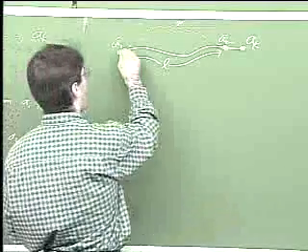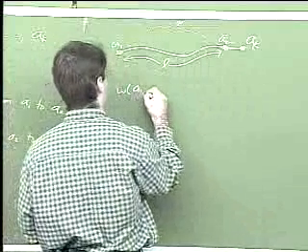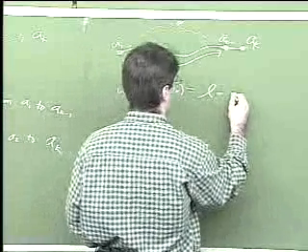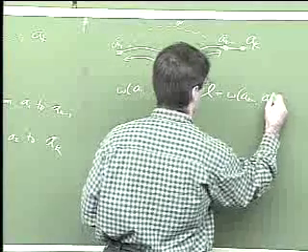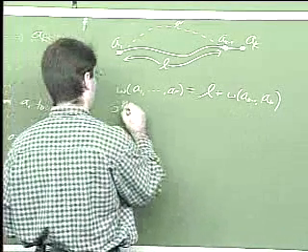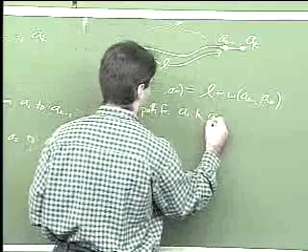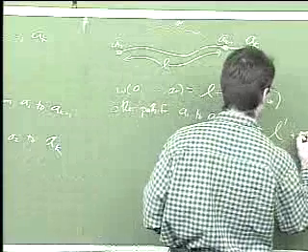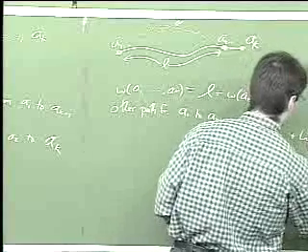Well, the length of the path here from A1 to AK is going to be L plus the weight of edge AK minus 1 to AK. But there's this other path with weight L prime plus the weight of AK minus 1 to AK.